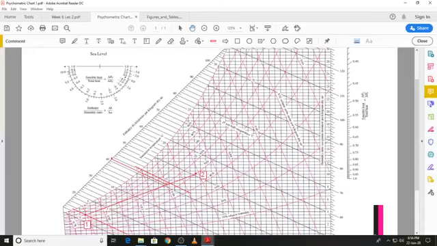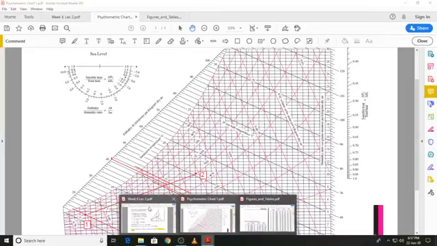Then I will also identify the 14 degree C wet bulb temperature line. So this is 15 degree C, this is 14 degree C over here, and we are roughly midway between the two lines. So the wet bulb temperature is around 14.6 degree or 14.5 degrees C.